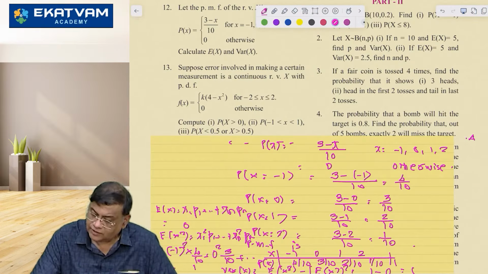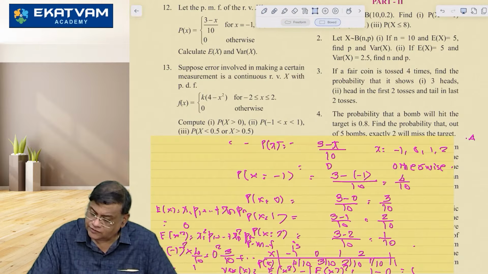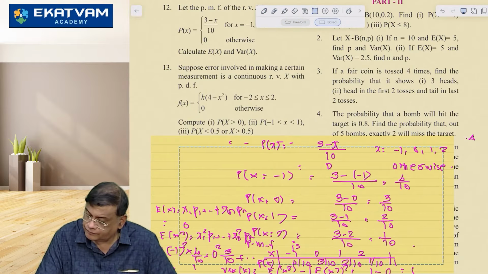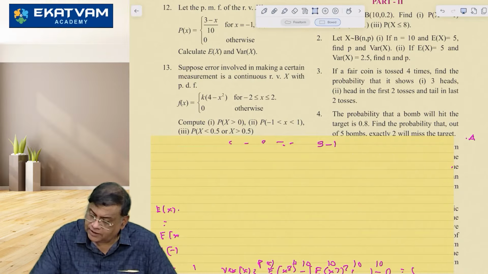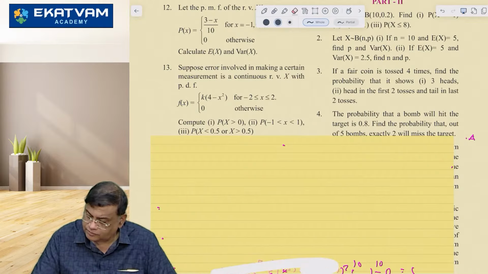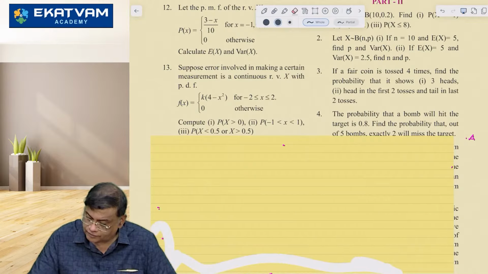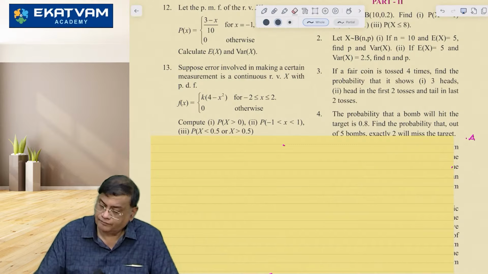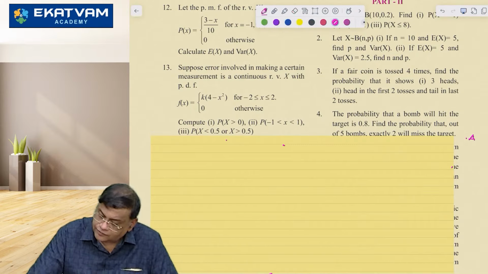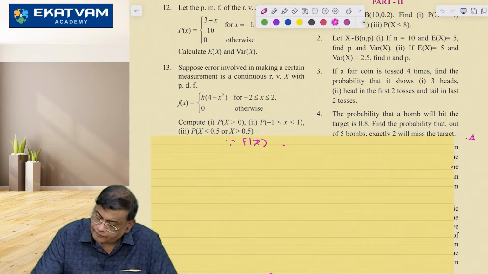How would you start? Since f of x is the PDF, correct? Until you find the value of k, you cannot get the final answer. And therefore, since f of x is PDF, PDF means probability density function.